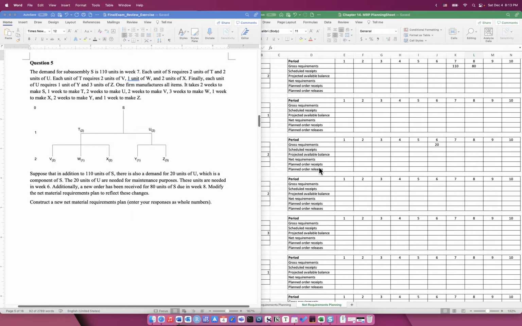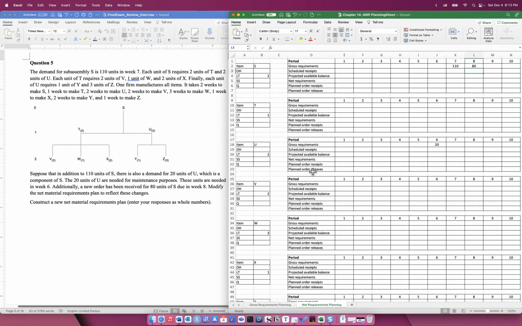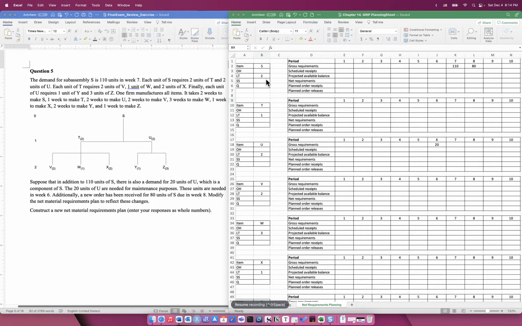I don't really see any information here related to any on-hand inventory. So I'm just going to do it like this. If your version has information about on-hand inventory, you would need to put it here.